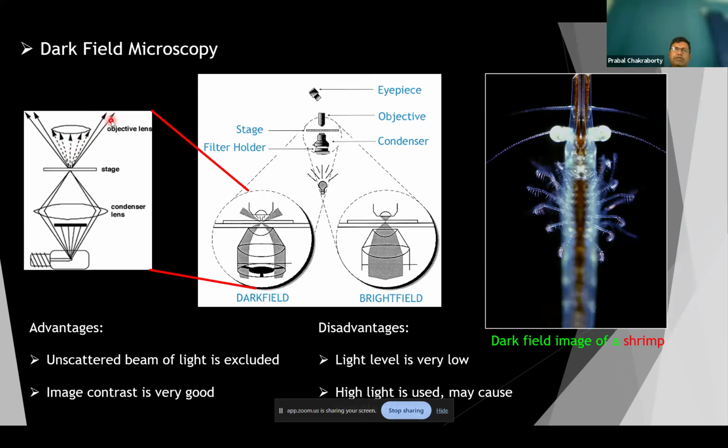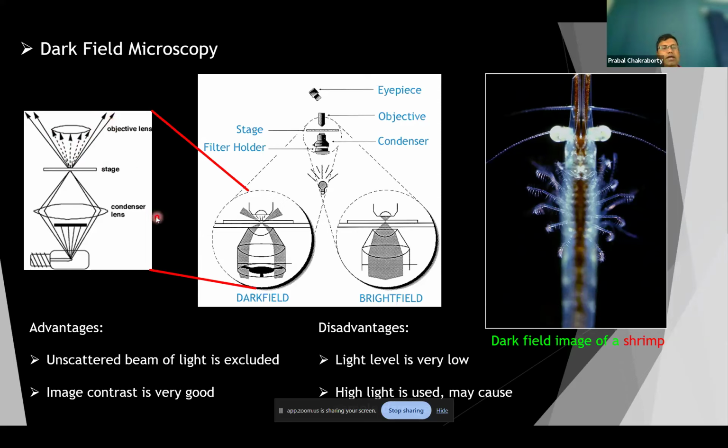As a result, a lot of light gets cut or blocked in the light path. That is why for dark field microscopy, we need a very bright light source that will compensate for that loss of light.